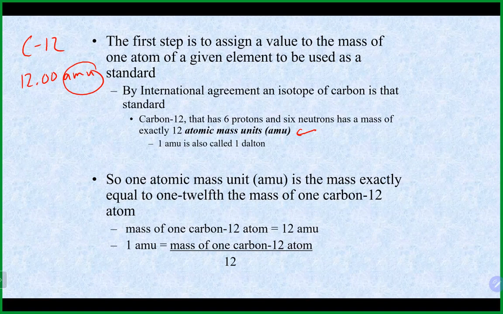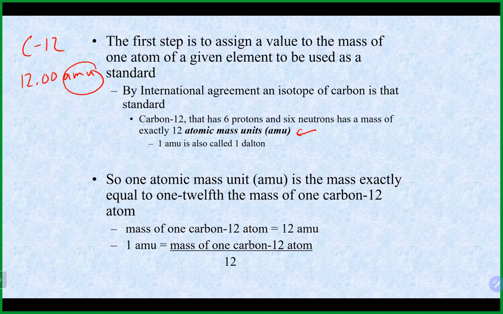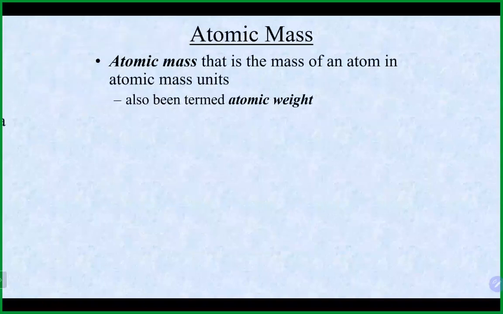Basically, they used the carbon-12 isotope, which has 6 protons and 6 neutrons. And they measured everybody in comparison to that carbon-12 isotope and said, like, hydrogen's only about 8% as big as the carbon-12 isotope. So they did a bunch of calculations to come up with the atomic masses that we see on the periodic table.